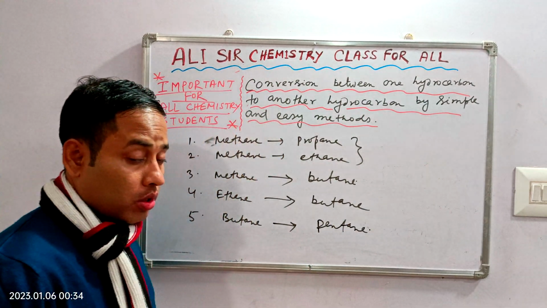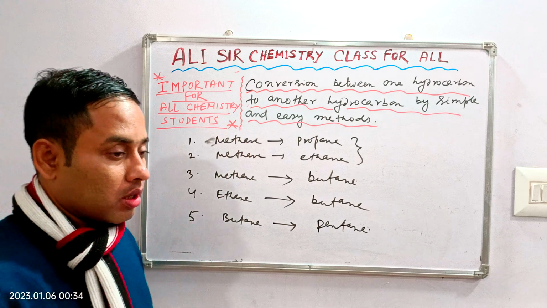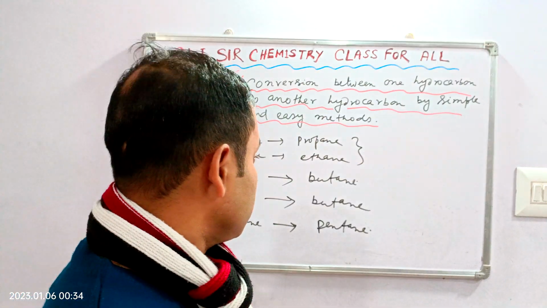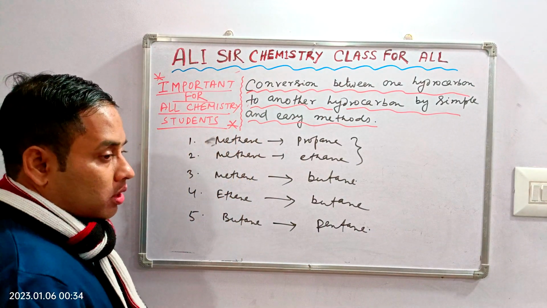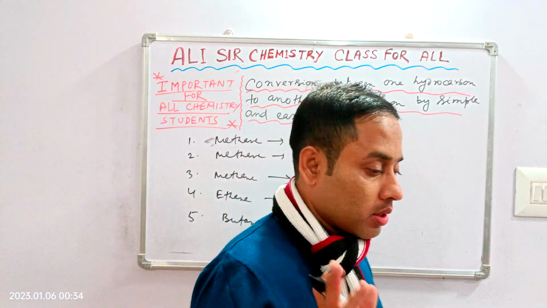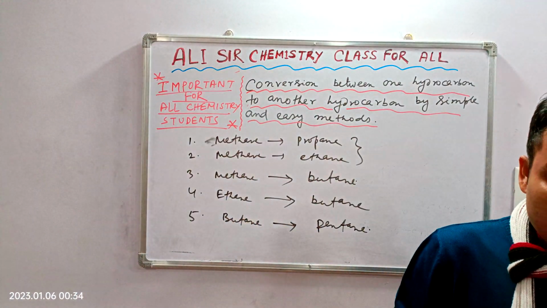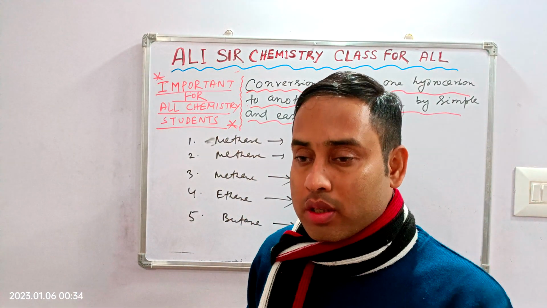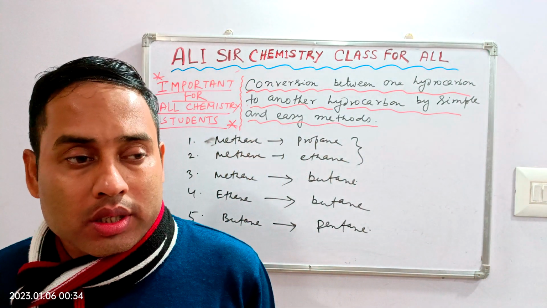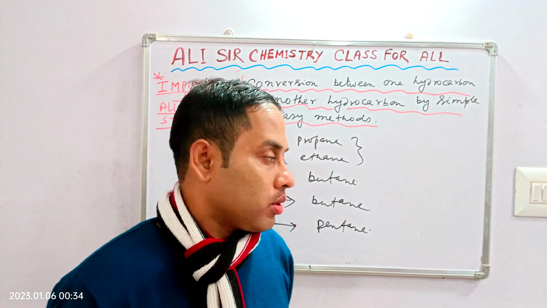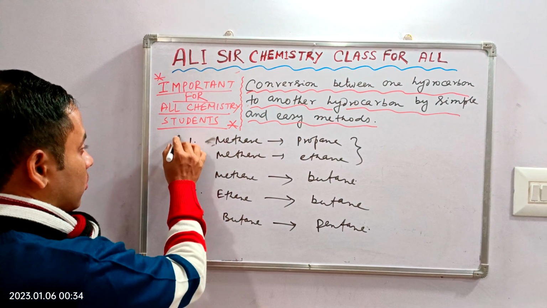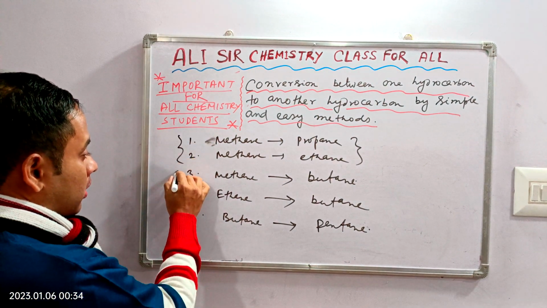Whatever you imagine, you can convert. Okay, no problem. Just simple 3 or 4 reactions you have to remember for this type. One is Wurtz reaction, another one is halogenation, another one is Grignard reagent, and the last one is Corey-House reagent. So the first two we have already done.